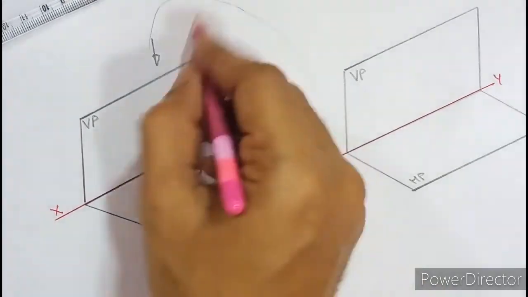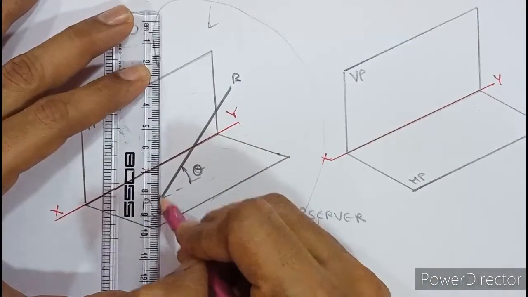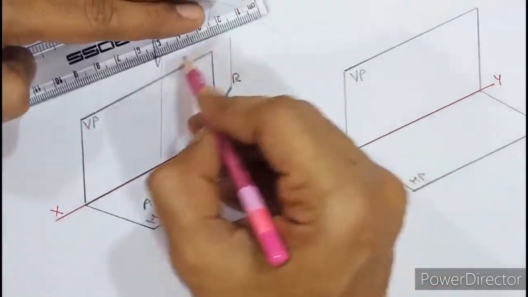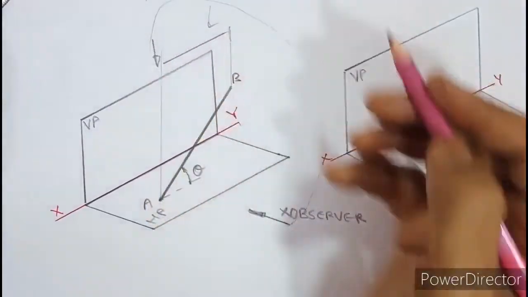But if the same line is visualized from above, if you project A and project B, you're going to get an apparent length. So in the top view, you cannot see this angle theta.